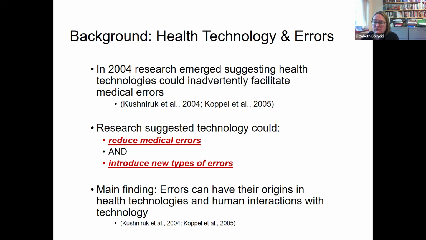So the main conclusion from that research is that we have technology that can reduce medical errors as well as introduce them. And the other thing that's really interesting about this research is that there were two types of studies that took place at that time. One study demonstrated that there was a relationship between error and technologies in situ.